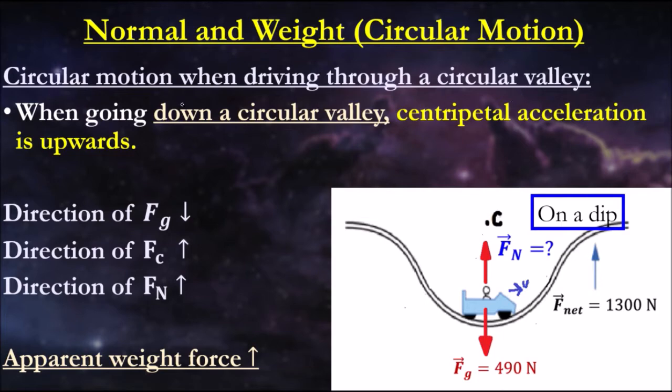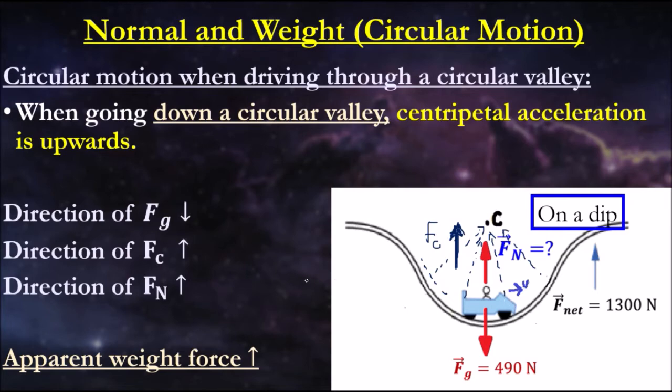Now when the car is going down this valley, the centripetal acceleration is pointing up. So I'll just draw this out. The reason why it's going up is, as you can see at the bottom here, we have a circular path. So as the car is moving down here, the net resultant force should guide it towards the center, like so.